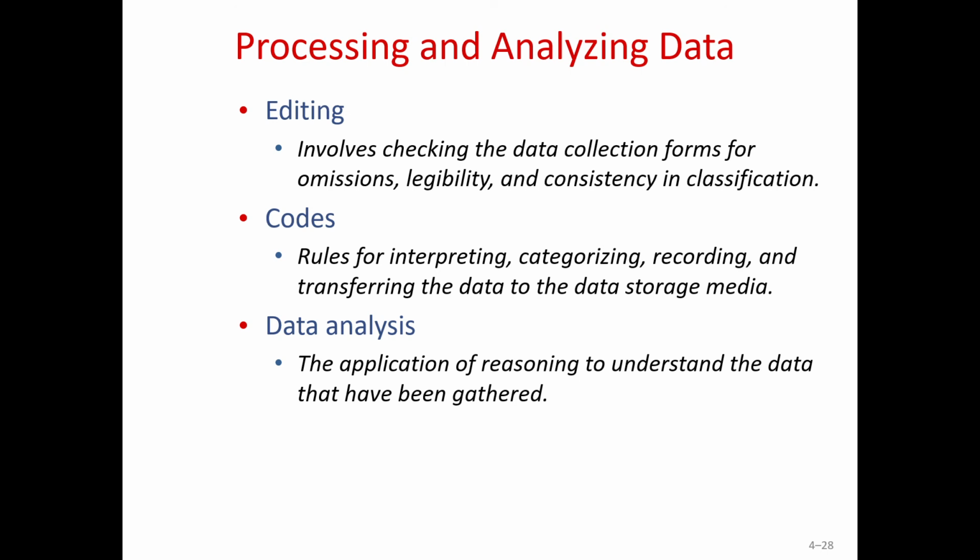Editing involves checking the data collection forms for omissions, legibility, and consistency in classification. Before data can be tabulated, meaningful categories and character symbols must be established for groups of responses. This coding process facilitates computer or hand tabulation. If computer analysis is to be used, the data are entered into the computer and verified.